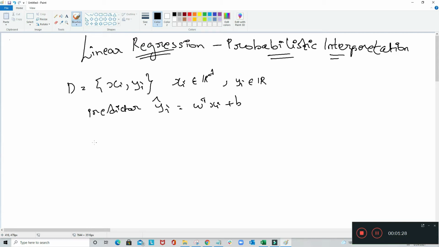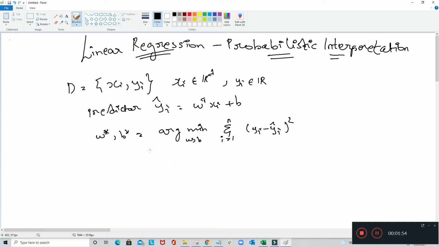Our objective was to find the optimal values w star and b star, for which we would minimize the sum of squared errors, yi minus yi hat whole square.